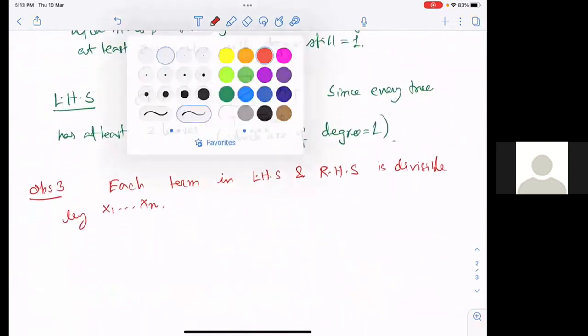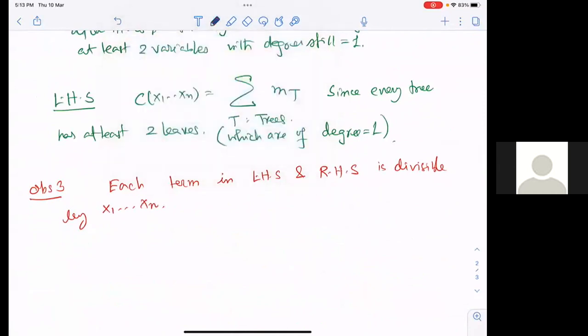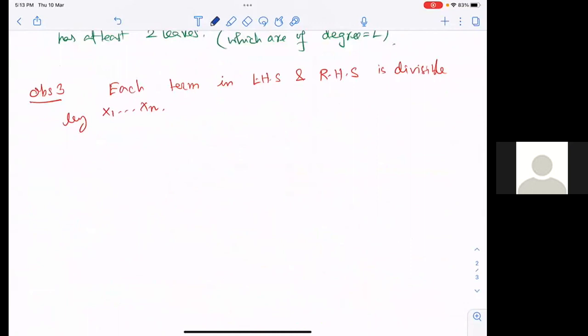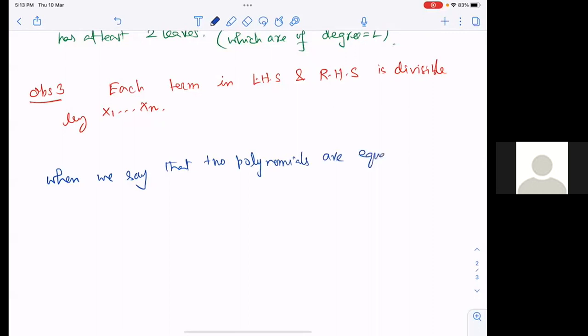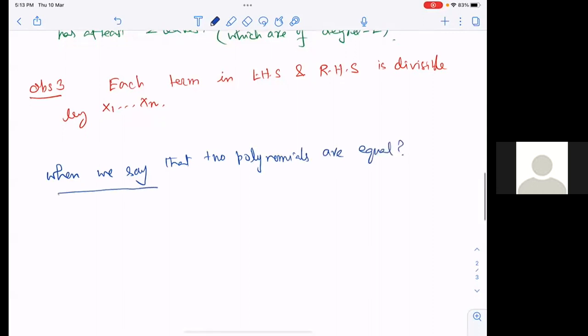So now let's get back to the proof again. When we say two polynomials are equal, obviously two polynomials are equal if and only if the coefficients of all the monomials are the same in them, right?